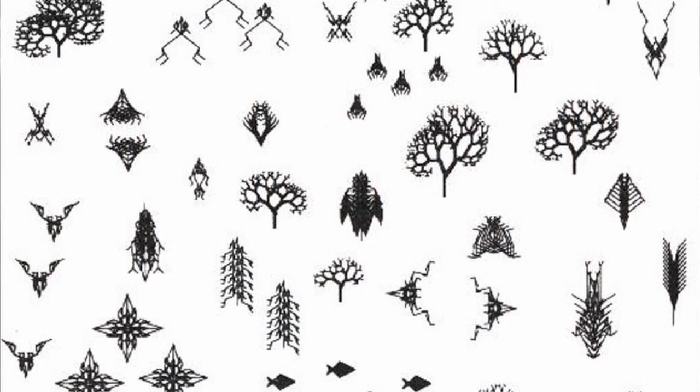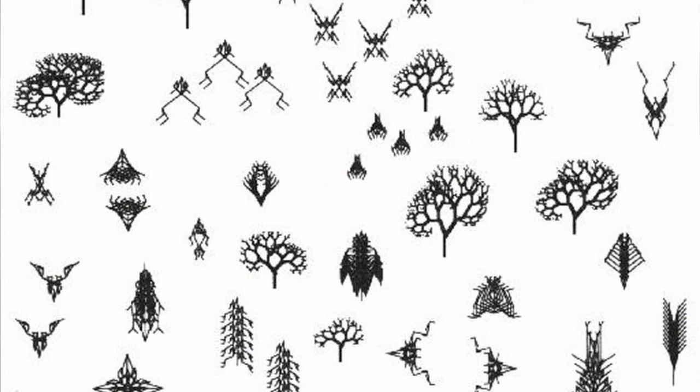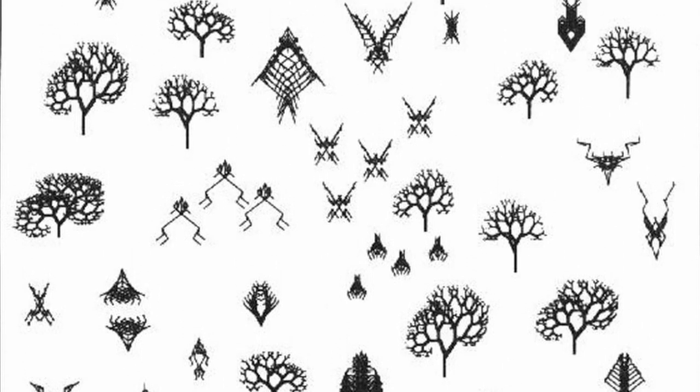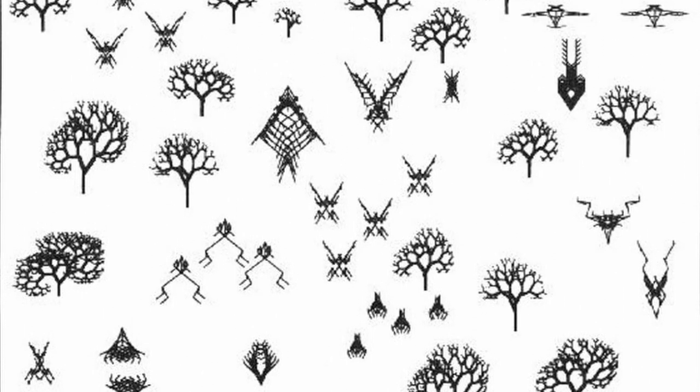Now, the second computer program that Dawkins talks about in his book was designed to simulate random mutation and natural selection by producing repeated, varying, symmetrical drawings, some of which end up looking like insects and other things that humans have made.